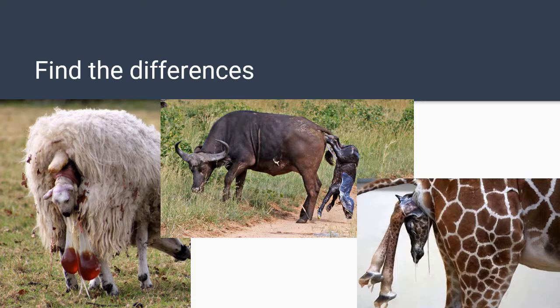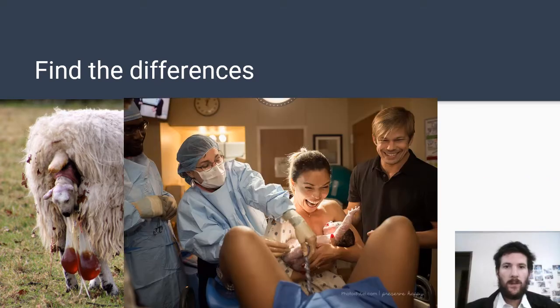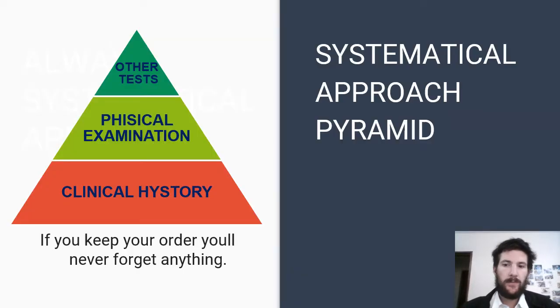The difference with the human being is human deliveries are in hospitals, in a controlled setting, by doctors, by professionals, nurses, midwives. That is the reason why we can monitor the delivery, monitor the baby and the mother, and take care of the mother's well-being in order to prevent and detect all the problems that can happen during labor.